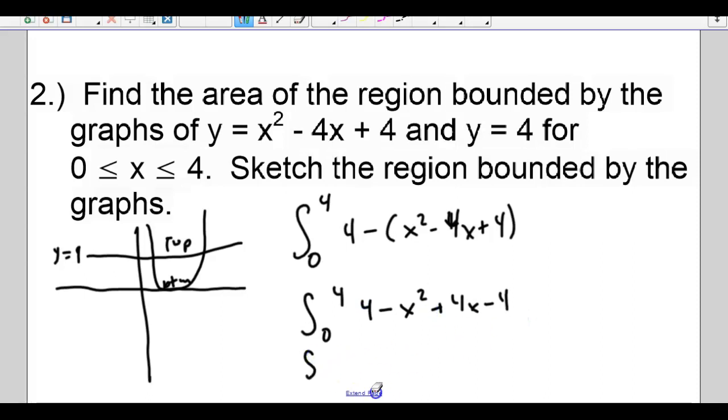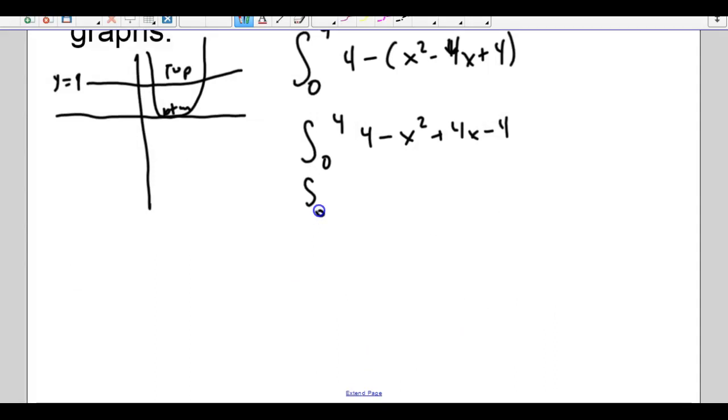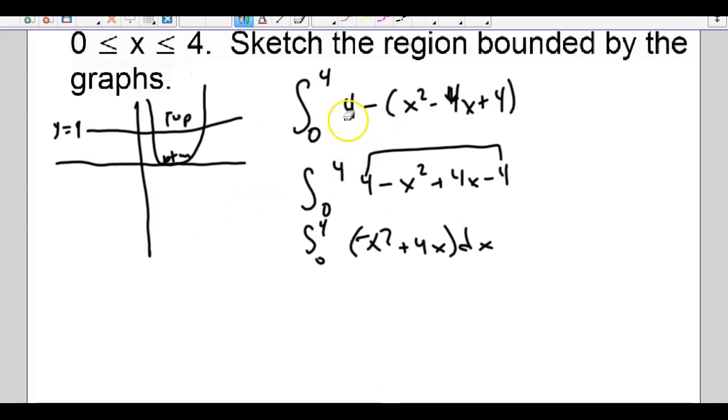Which simplifies a step further to negative x squared plus 4x dx, right? Because 4 minus 4 is 0. Y'all understand why I did 4 first? It's the top. So now we integrate that.